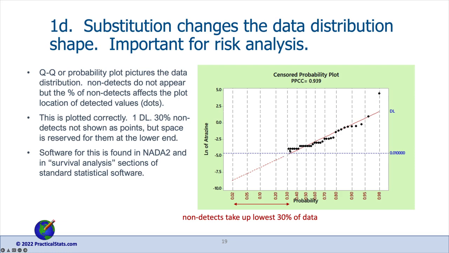So this dot here for the lowest detected value is just slightly above the 30th percentile. It would be at the 30 or 31 or 32nd percentile. So this is the correct way to plot probability plots. And you can find these in NADA 2, but you can also find these kinds of things in some of the other tests that I'll talk about in May, in survival analysis sections of standard statistical software. So that's the way it should be done.